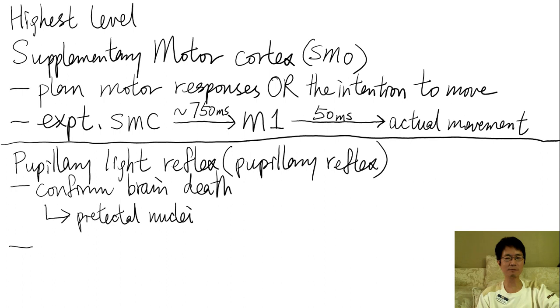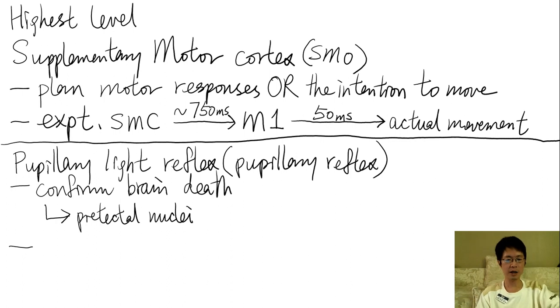So you can do this experiment. Okay, separate your two eyes, and then you shine the light on one eye and then observe the pupil at the opposite eye.